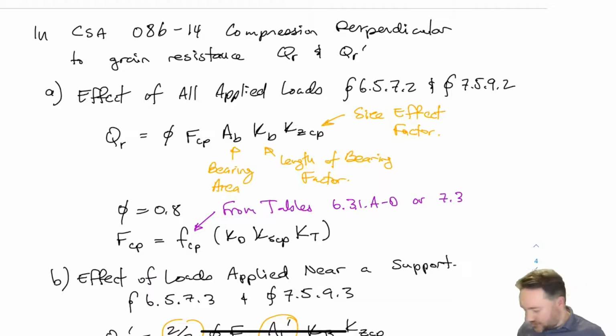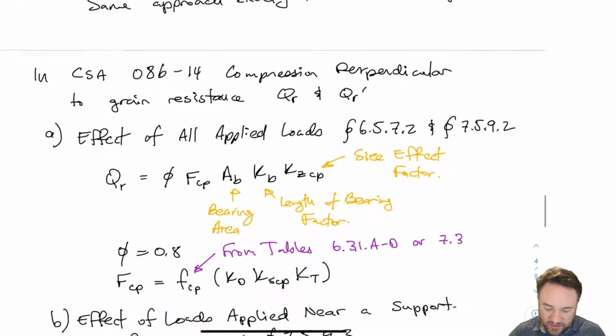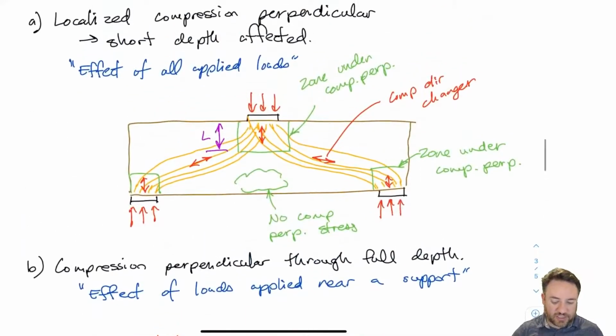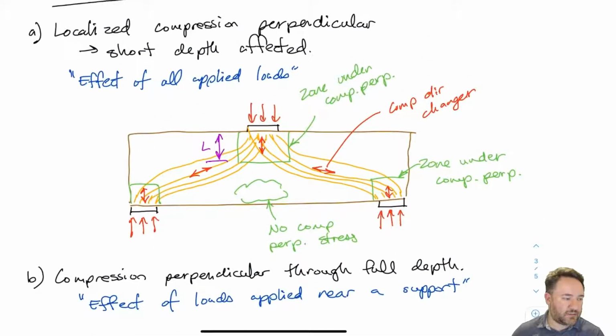We looked at how it looks like a crunching bundle of straws, and we talked about the two different cases that we have for this kind of design. One where we just have a localized compression perpendicular strain, like shown up here, where it's not the full depth of the member that gets compressed, but the compression strains branch out into shear before they get to the bearing supports at either end.